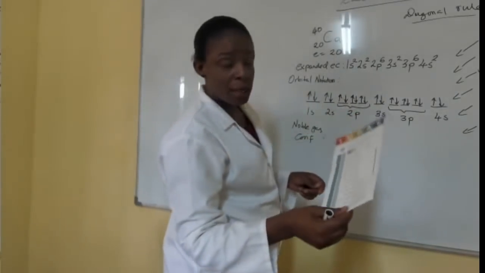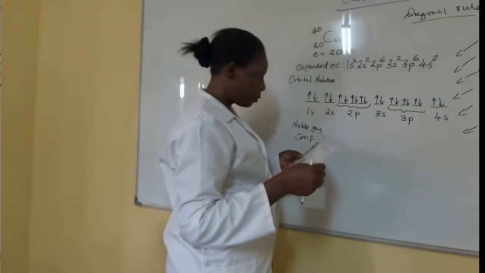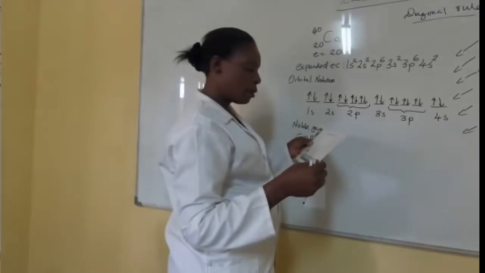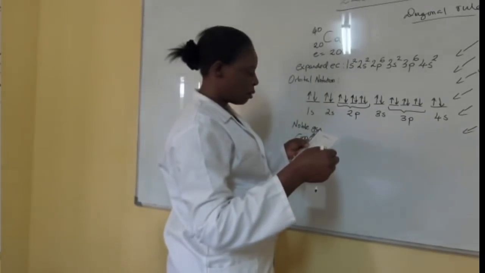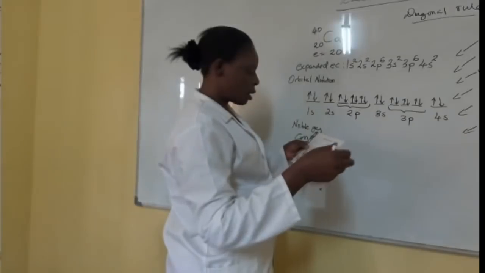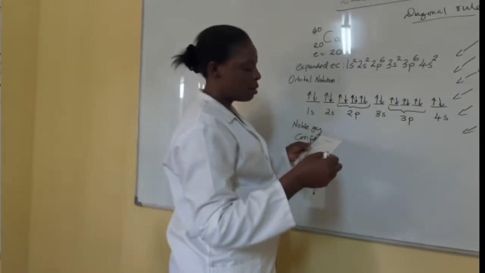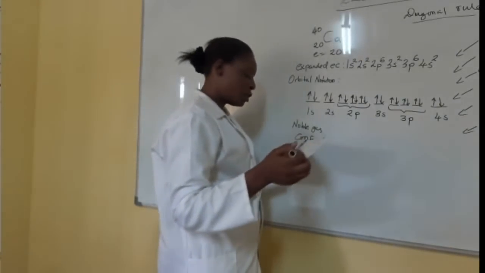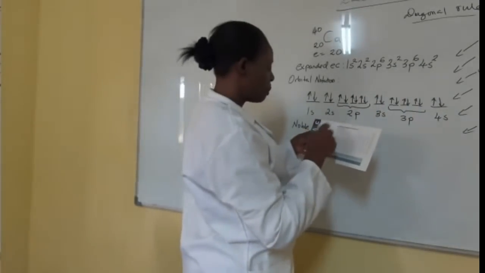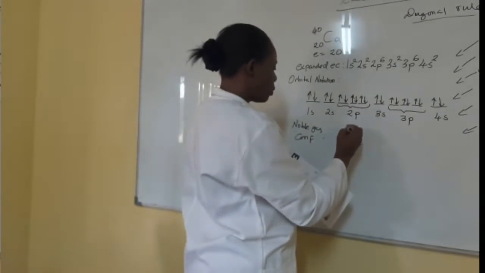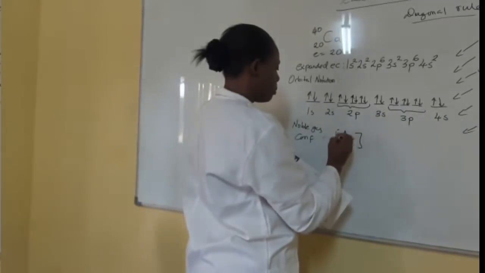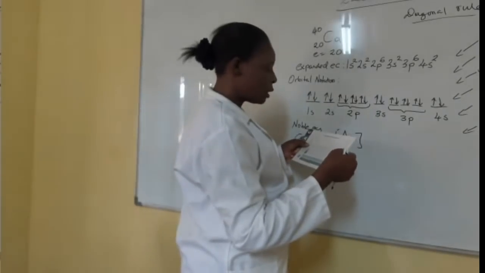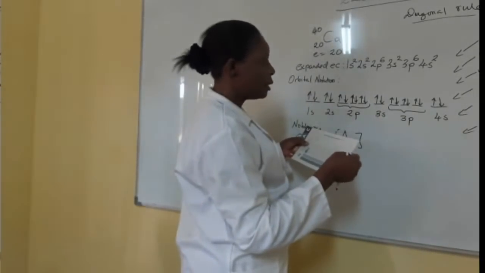So you go to your periodic table. You go to where calcium is. Calcium. So look at the preceding noble gas. Preceding noble gas for calcium is argon. So you have argon core. Then, you note that argon has actually 18 electrons.